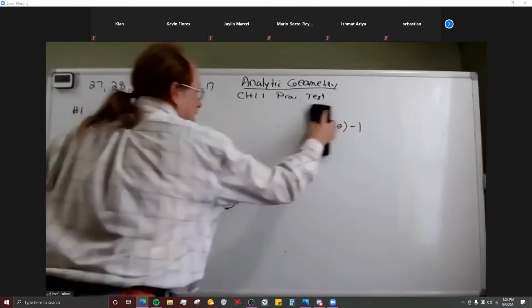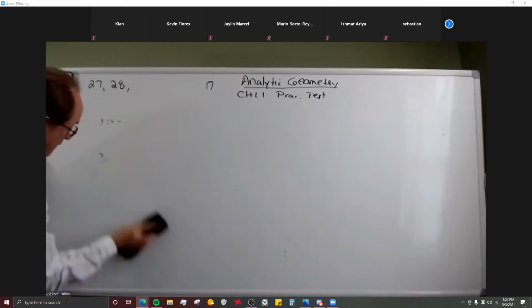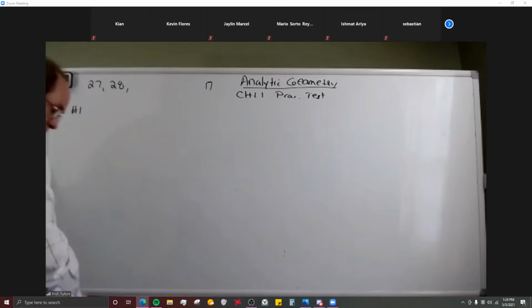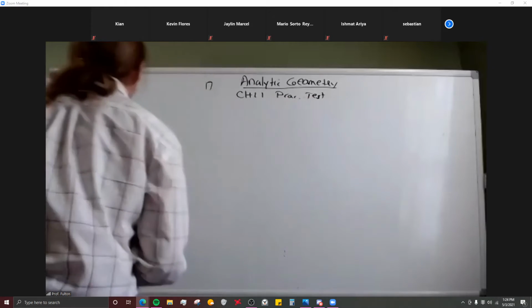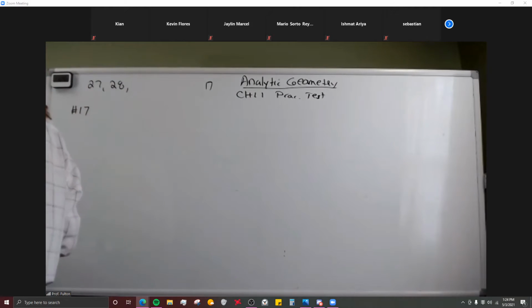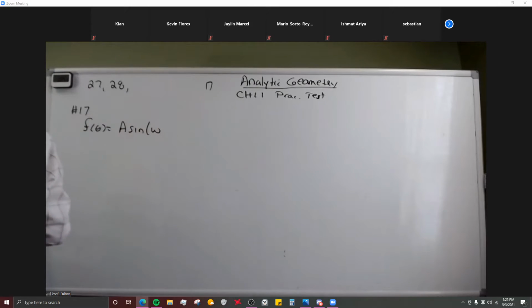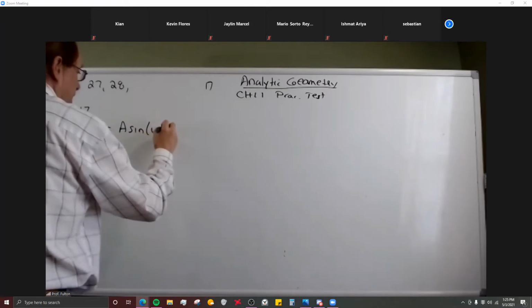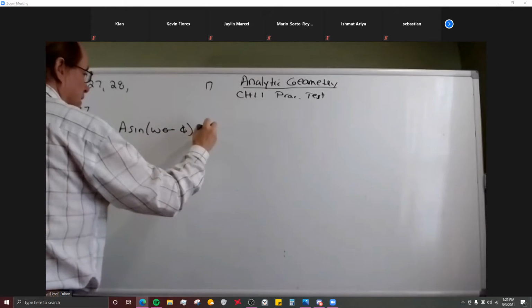So we're going to use the same process. So 17, we have f of theta is equal to a times the sine of omega theta minus phi plus b.